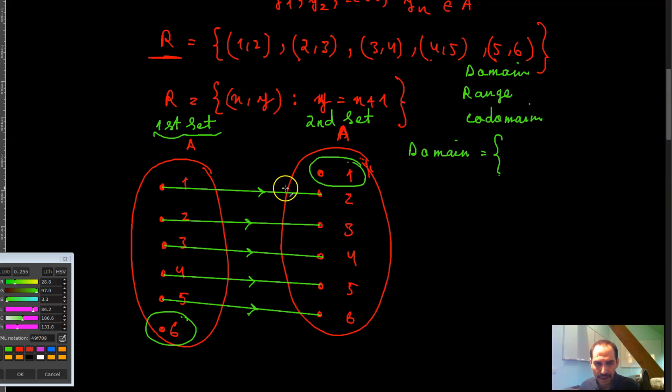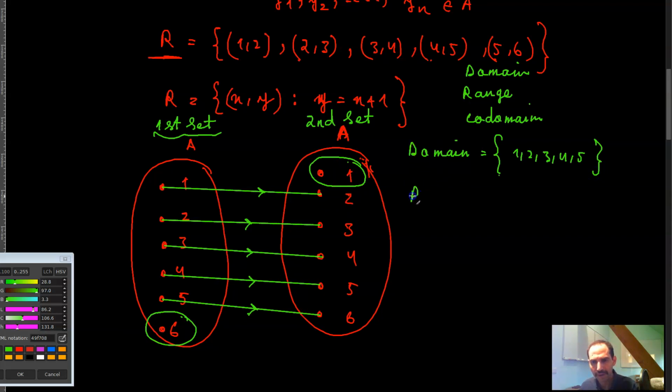Now, the domain is all of these elements 1, 2, 3, 4, and 5, and not 6, because 6 has not been mapped to anything here.